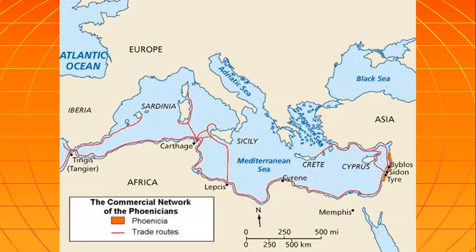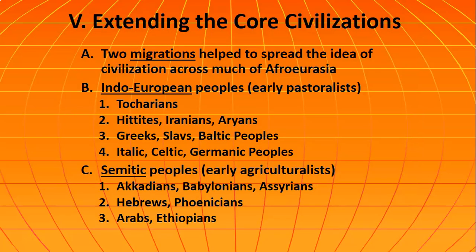And so, they ended up setting up little trade communities throughout the Mediterranean where they'd trade with anybody who would trade with them. They, however, are the ones that invented the idea of an alphabet, not writing, but an alphabetic type of writing. We'll get more into that later on. Just remember, though, those were Semitic peoples.